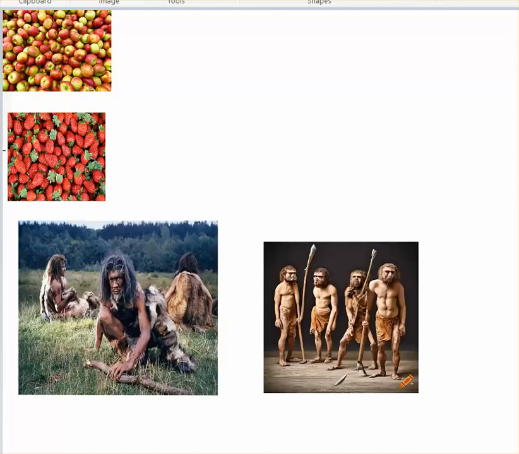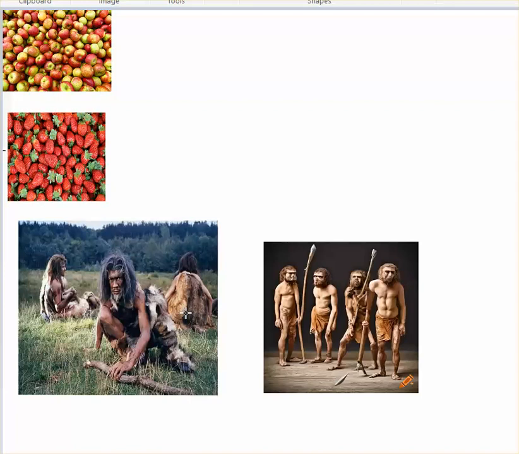So that's how we came up with the definition of one, which has very deep meaning. I give you one apple, and this group of cavemen says, for one apple we will give you two strawberries. So how were they going to exchange it? Let's say there were 200, 300 people, and they wanted to exchange a bunch of apples.